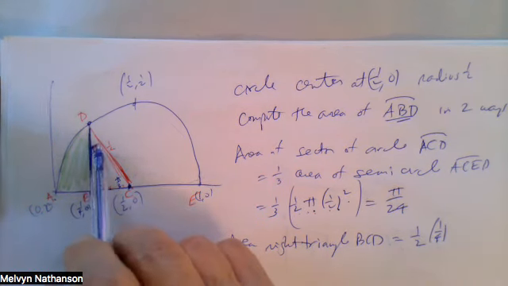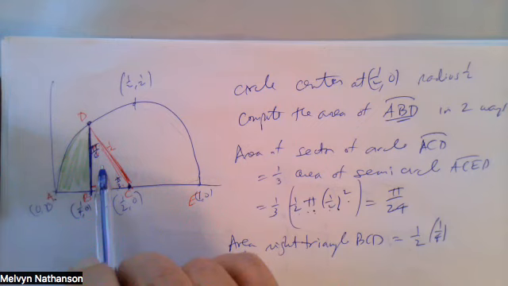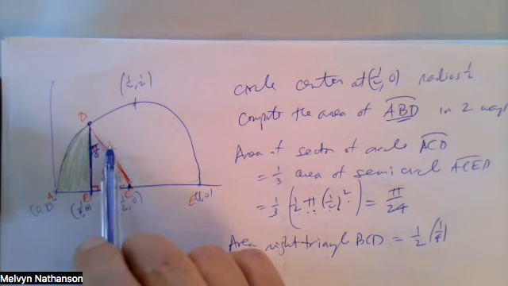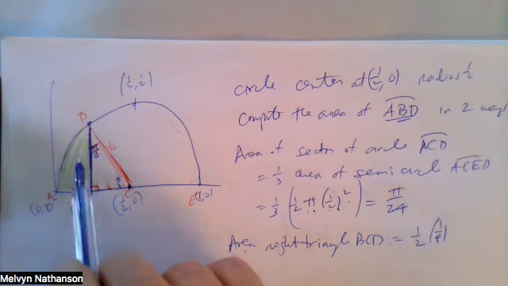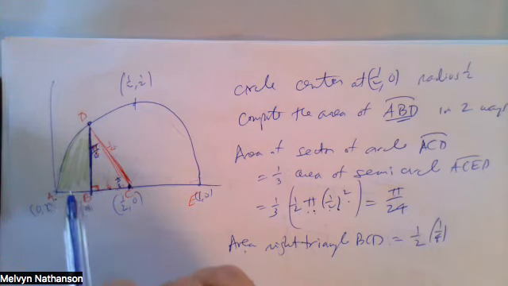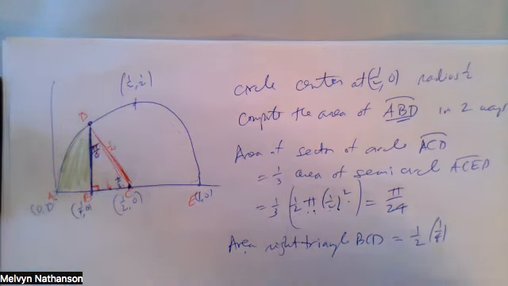You have a 30, 60, 90 right triangle, or a right triangle with angles pi over 6 and pi over 3. This side is half of the hypotenuse, and this side is root 3 over 2 times the hypotenuse, right?